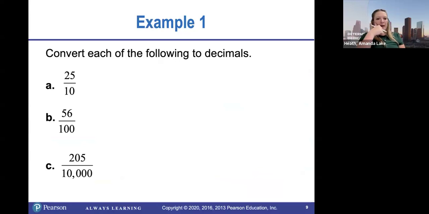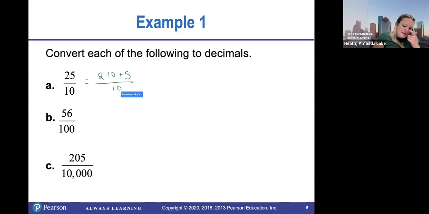Okay, so we also might want to take fractions and represent them as decimals. And we can do that in a lot of different ways. And this is, I think, where you're going to become tempted to think about using your calculator, but I'm going to try to walk you through some other ways we can think about this. So if we have 25 tenths, then that means I have 2 tens and 5 ones.